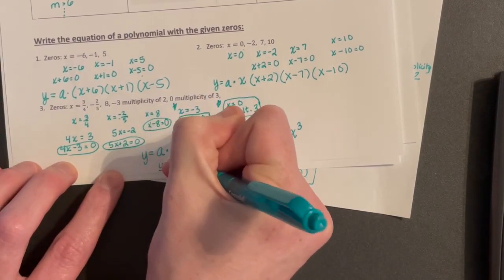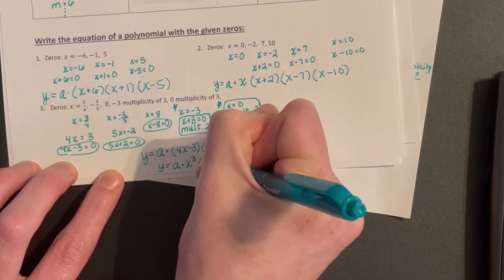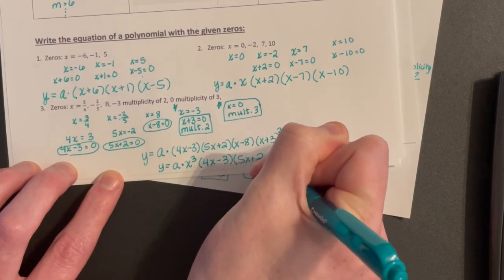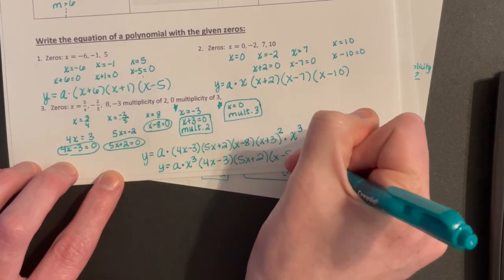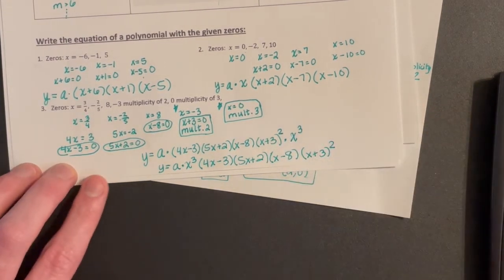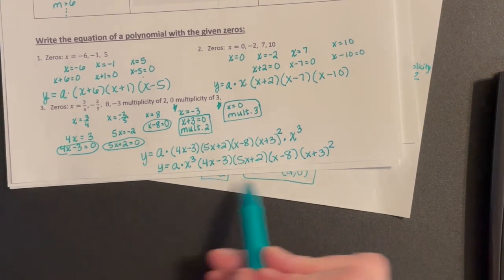So I'm just going to rewrite this as a times x cubed, and then I can write all the other things: 4x minus 3, 5x plus 2, x minus 8, and lastly x plus 3 squared. You do want to make sure you're looking at what the squared or the cubed with the multiplicities will be.